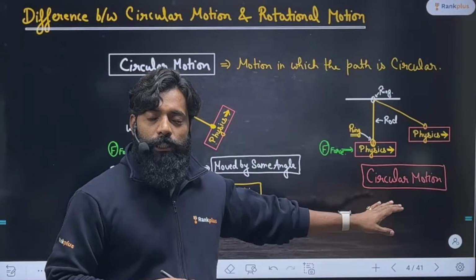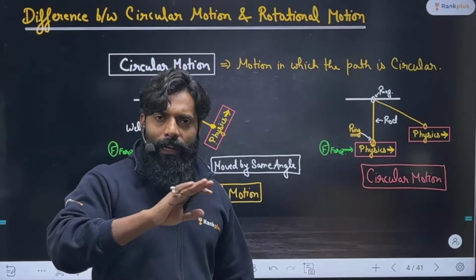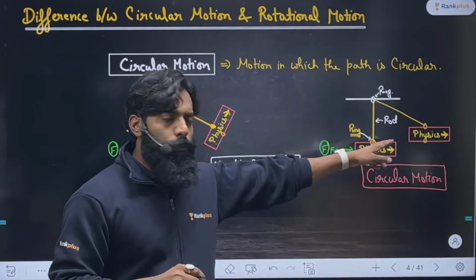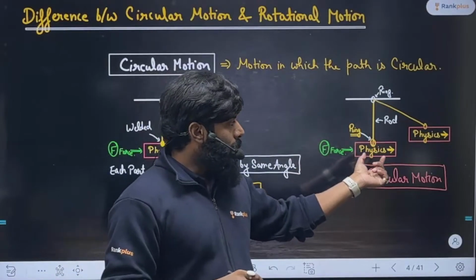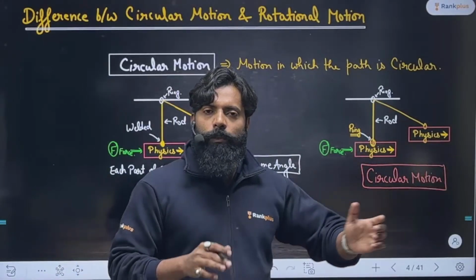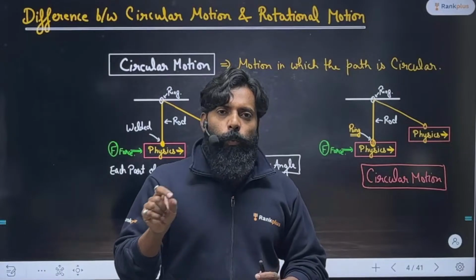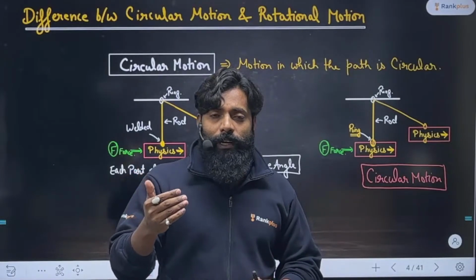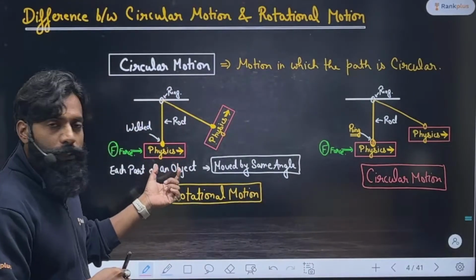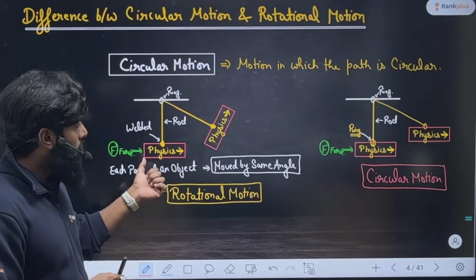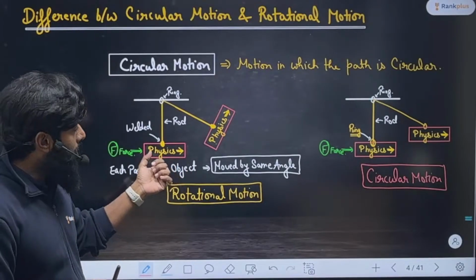Why is it not a rotational motion? Because if you consider any two points randomly on this object, from the initial position to the final position, you will see that these two points may subtend different angles. But in the earlier object, you get the same angle subtended by any point.